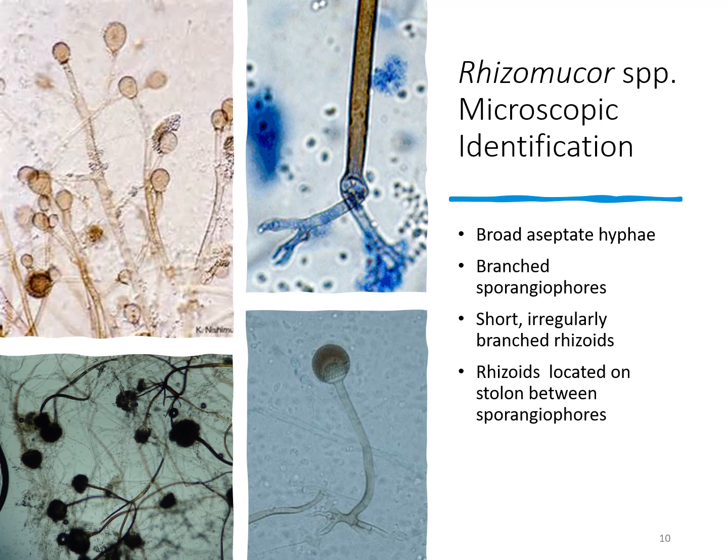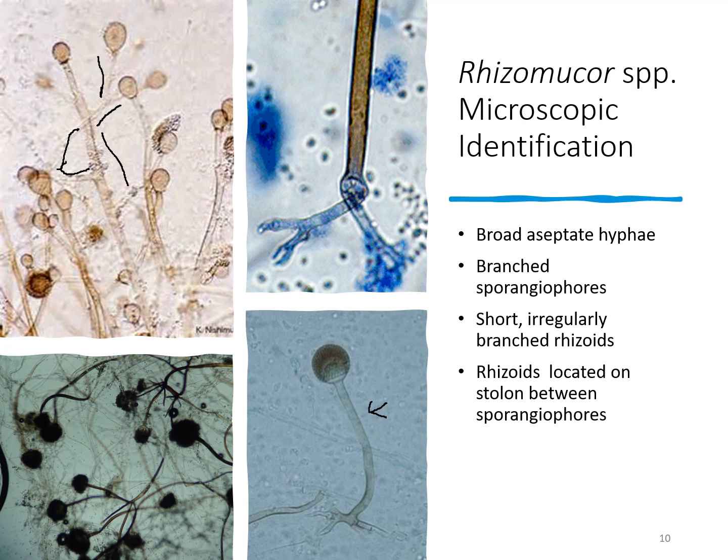The Rhizomucor also are very broad and aseptate in their hyphae, so no divisions. The sporangiophores are branched. You can see up here in the top corner how you have the very long sporangiophores, but then you also have some short ones coming off of it. This one here is very long, but then it has some little branches coming off, and the branches themselves are shorter.